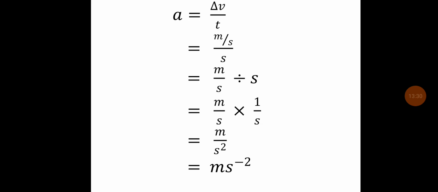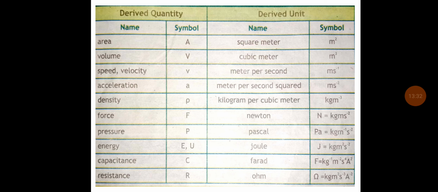Now in this table you can easily see all the units except force, pressure, energy, capacitance and resistance, we have written in small letters. But Newton, Pascal, Joule, Farad and Ohm are represented by capital letters.